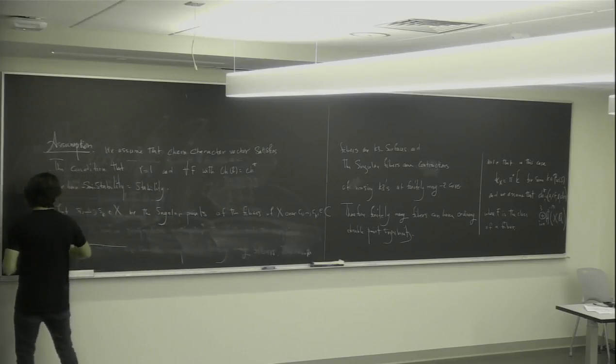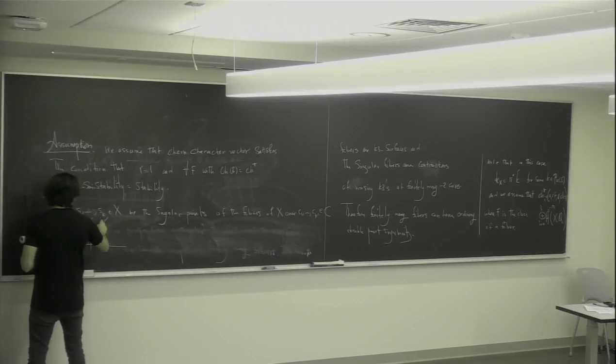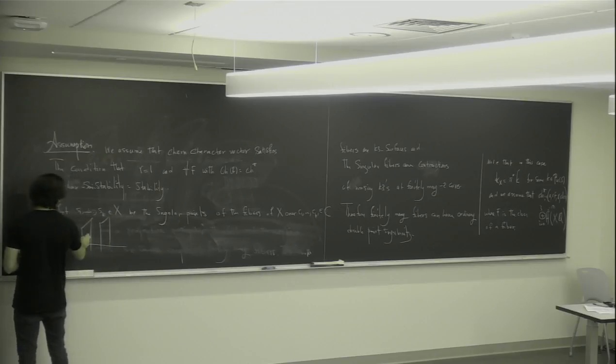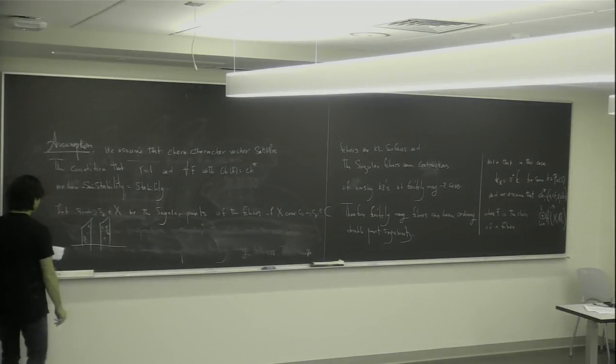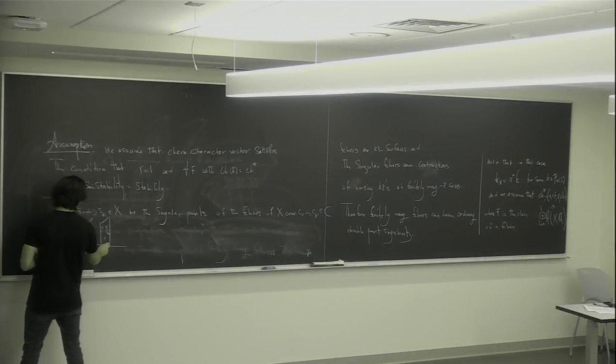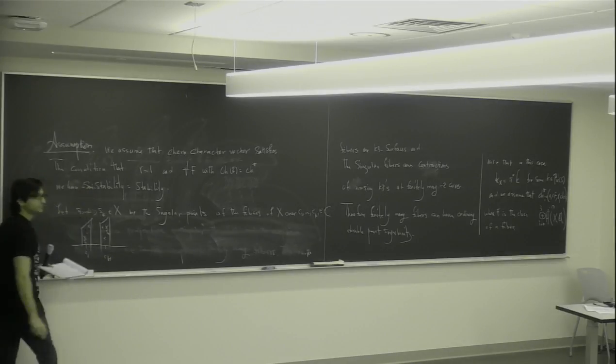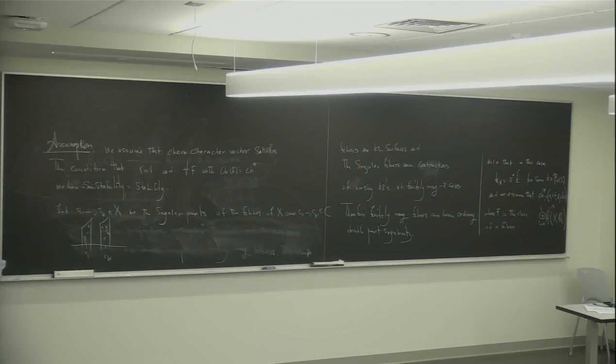We are looking at a K3 fibration like that, and we have singular points S1 all the way to Sk' like that, and the base where they happen is C1 to Ck' on the base.